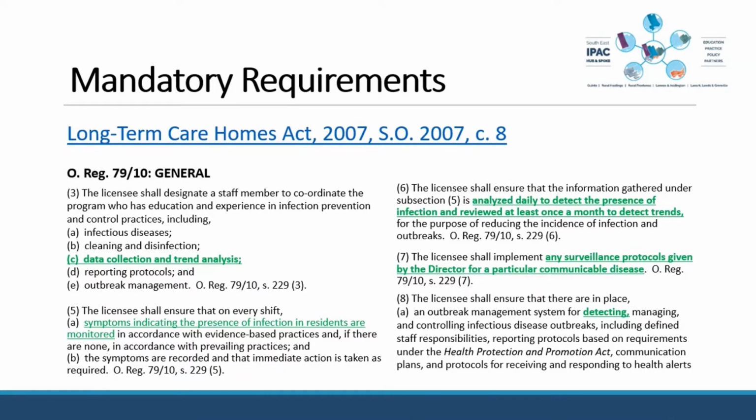Licensees have to analyze daily to detect the presence of these infections, and then review at least monthly to detect those trends. And also, as I'm sure we've experienced over the last year, other surveillance protocols given by the director for particular illnesses and communicable diseases. And we want to be able to detect infection in the facility.